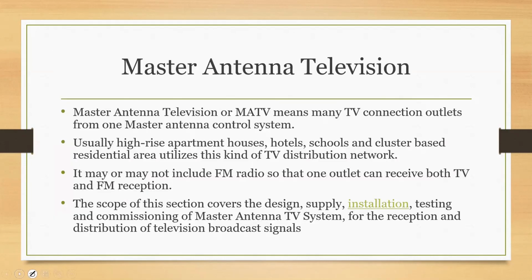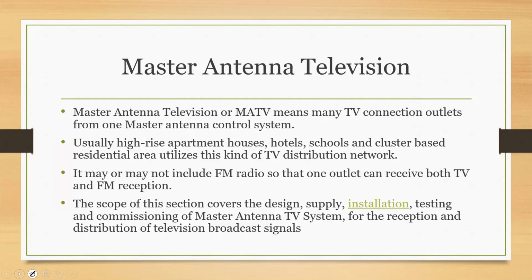The master antenna television means that the TV connection outlets are from one master antenna, the way we have in our houses now with dish TV. One will be a master connection, and the other is you can take multiple connections, like you can have two connections in your house, right? So it's not that you take two connections; one is a master connection, and from there you are given the connection to the other.